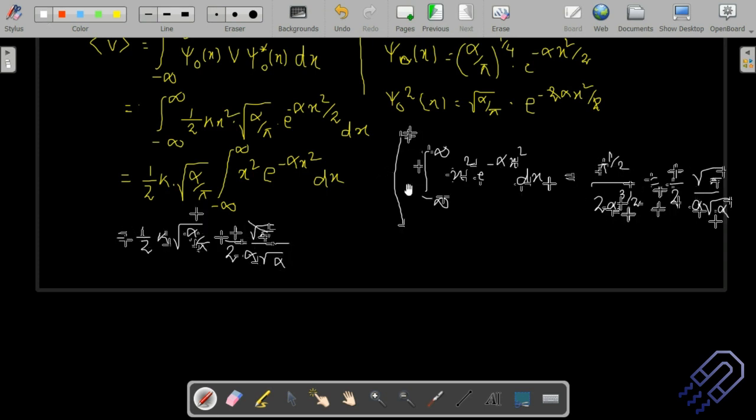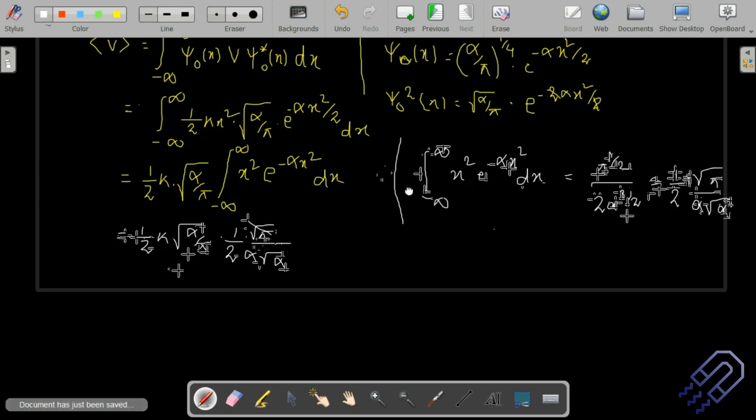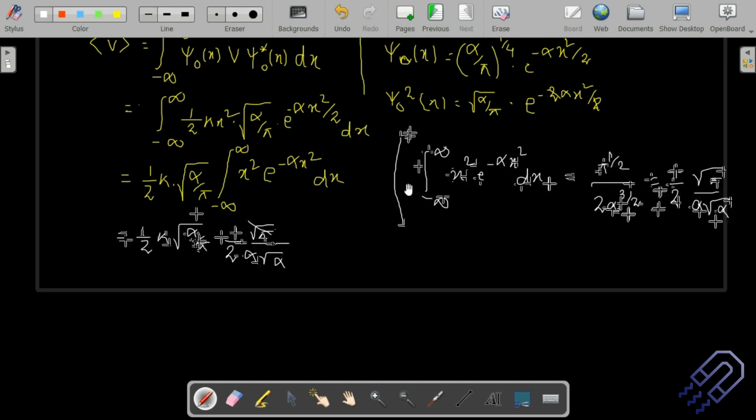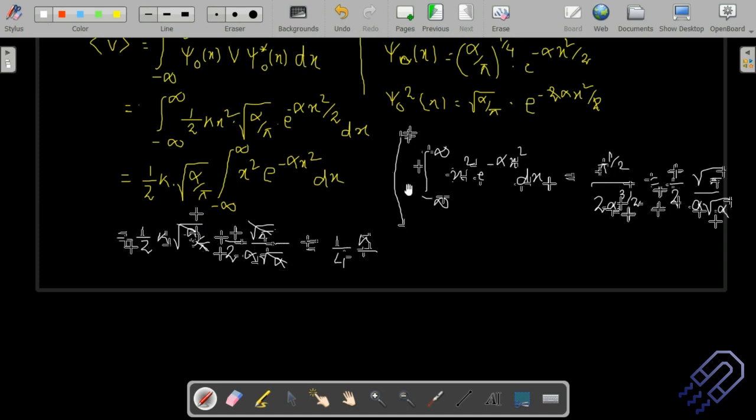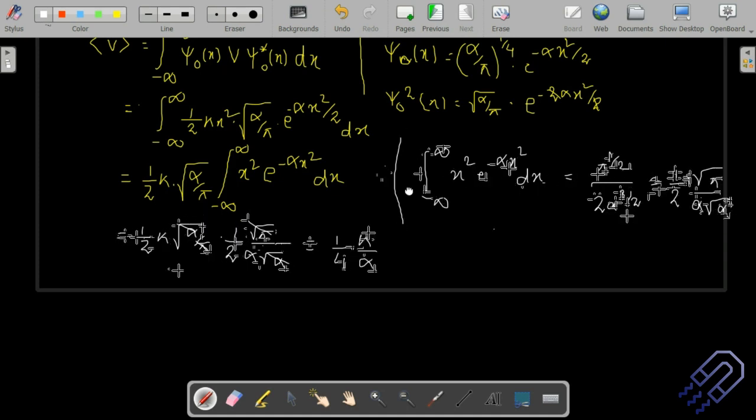So the aim to write down in this form is we can cancel out pi and alpha both sides. I've got 1/4 here. So the final answer that I have right now is 1 by 4 k divided by alpha. Okay. K divided by alpha.